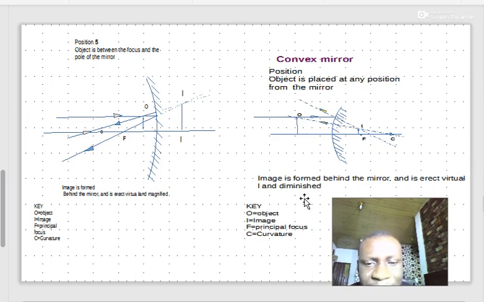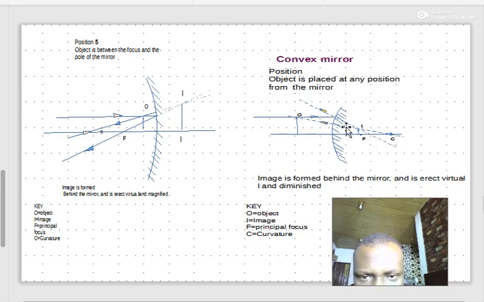We can define the principal focus of a convex mirror as the point where rays of light parallel and close to the principal axis tend to diverge or spread out from after reflection. So after reflection, this ray will appear to be coming from the back of the mirror, from the focal point behind the mirror.